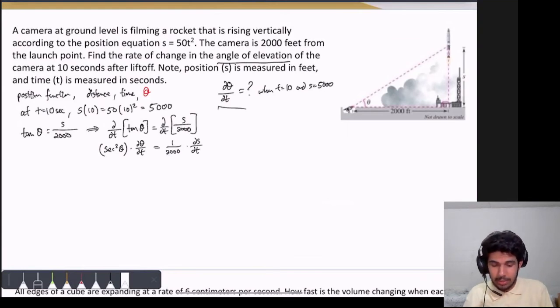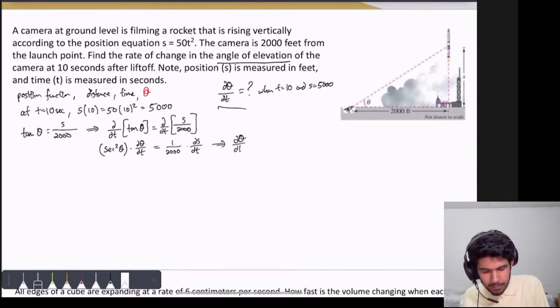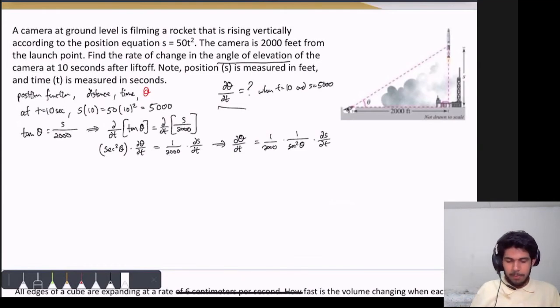And we want d theta dt, so let's isolate d theta dt. That is equal to 1 over 2,000 times 1 over secant squared theta times ds dt. Okay, so what do we do with that?